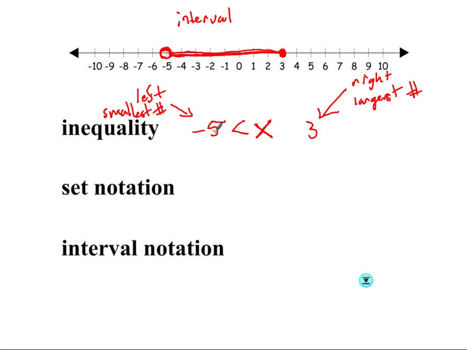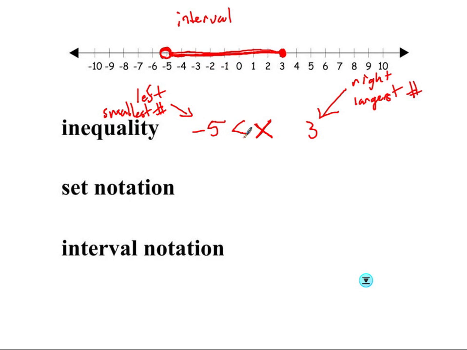Now, if you take a look at just this right here, x is greater than negative 5. This is saying that x is larger than negative 5. So if you look at the interval, what is going to be larger than negative 5? Well, it's basically negative 4, negative 3, negative 2, negative 1.